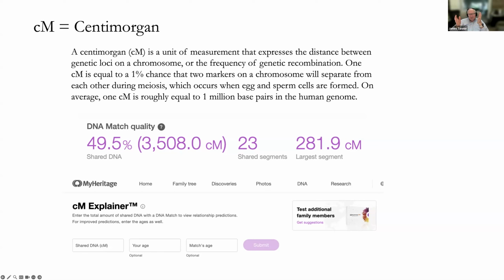One of the things that's very universal is that human beings inherit 50% of their DNA from their father and 50% from their mother, very close to 50%. There could be slight variation one way or the other, but 50% is what you get.